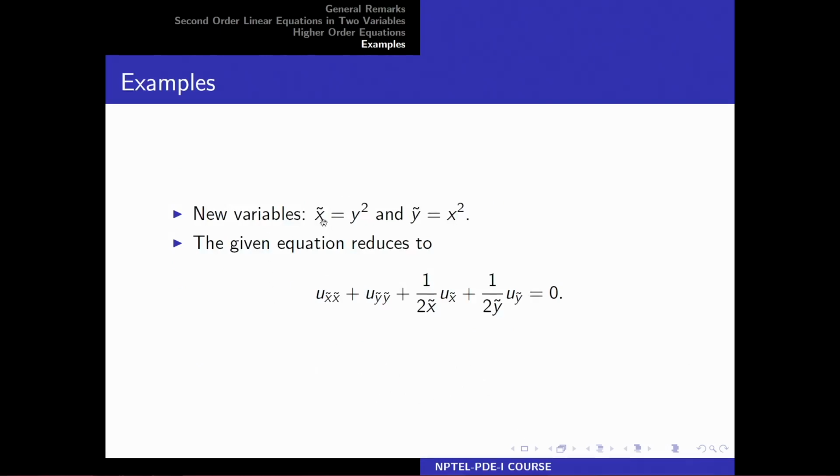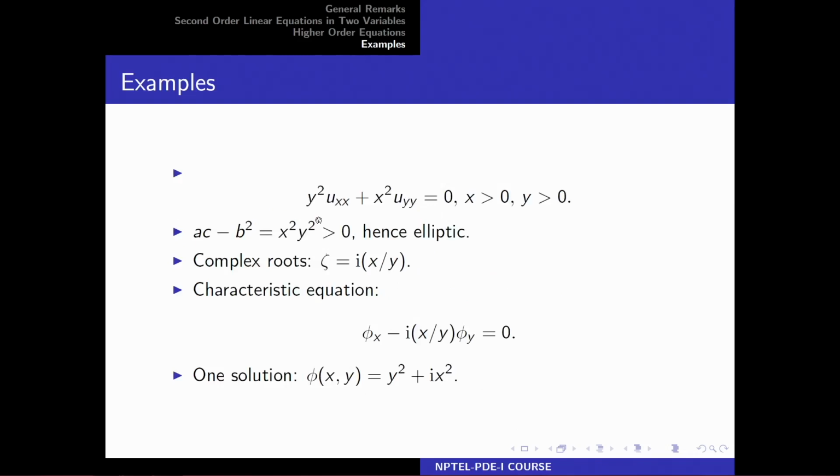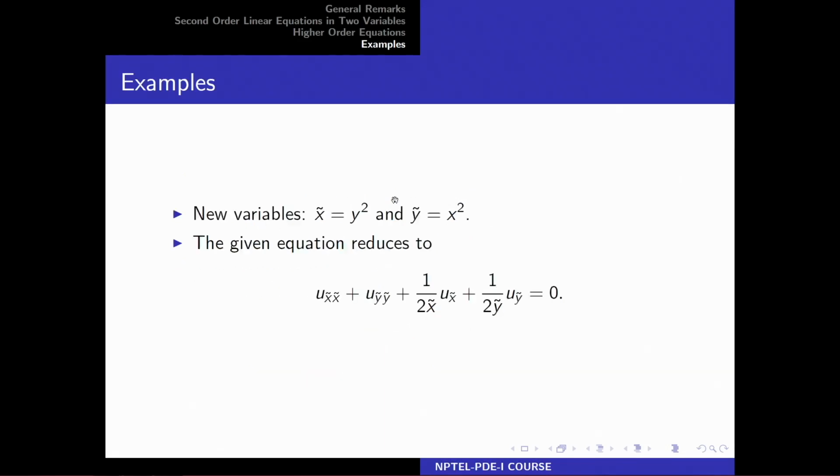Now, new variables x tilde equal to y square and y tilde equal to x square, and now if you again do the computation, you have to convert this u x x u y y into u x tilde x tilde, u y tilde y tilde, and you get this reduction.